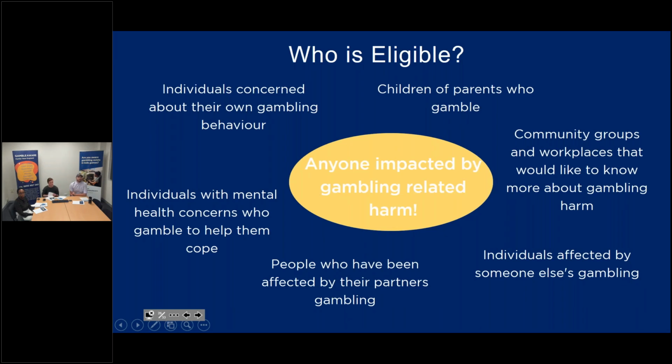In terms of eligibility, as I said before, it's anyone affected by gambling harm. So it can be children of parents who gamble. We can support community groups and workplaces that would like to know more about gambling harm, individuals affected by someone else's gambling, people affected by their partner's gambling, individuals with mental health concerns who gamble to help them cope, and individuals concerned about their own gambling behaviours.